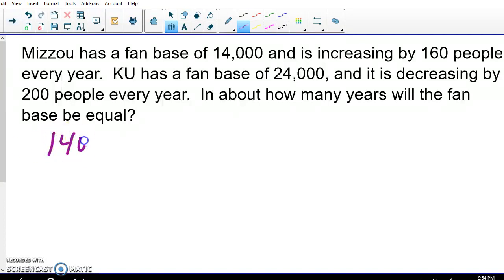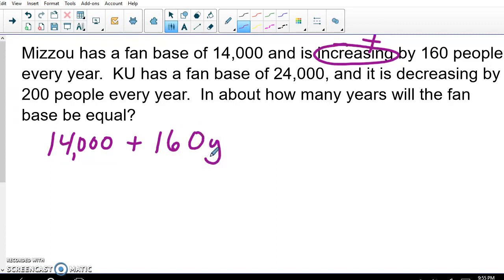So we know that 14,000 is our starting fan base, and we're increasing, so we're going to add and we're increasing by 160 people every year.